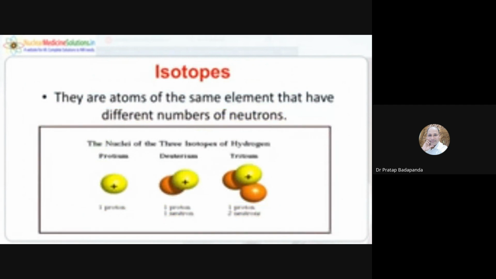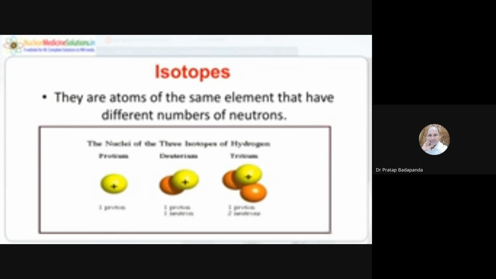Now, there are 3 different isotopes. What are isotopes? They are atoms of the same element that have a different number of neutrons. If the neutron number changes, the proton and electron numbers stay the same, like the 3 different isotopes of hydrogen. One is protium, second is deuterium, and third is tritium.